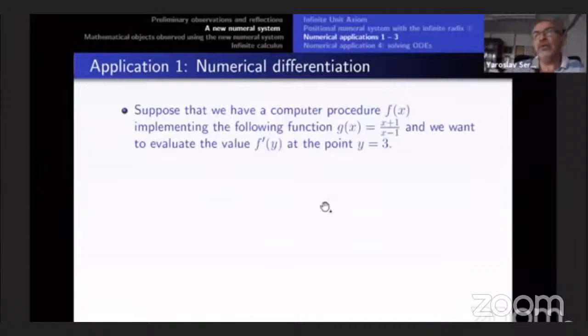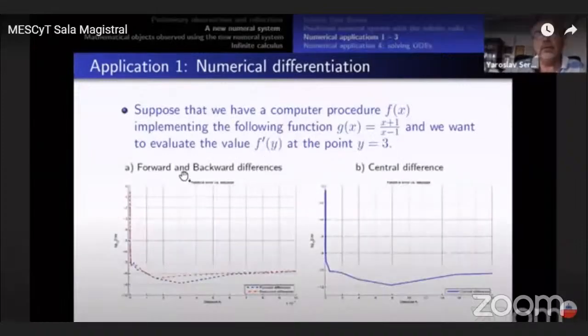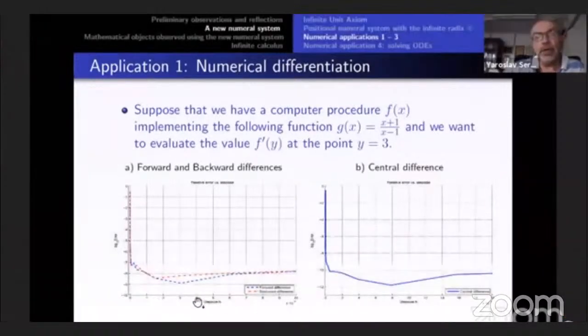There are errors. I just illustrate this by using this function, represented by a computer procedure f, and we would like to estimate using this formula its derivative at the point 3. So here we have forward and backward differences, here the central difference. On the horizontal line we have h, and on the vertical axis we have error.